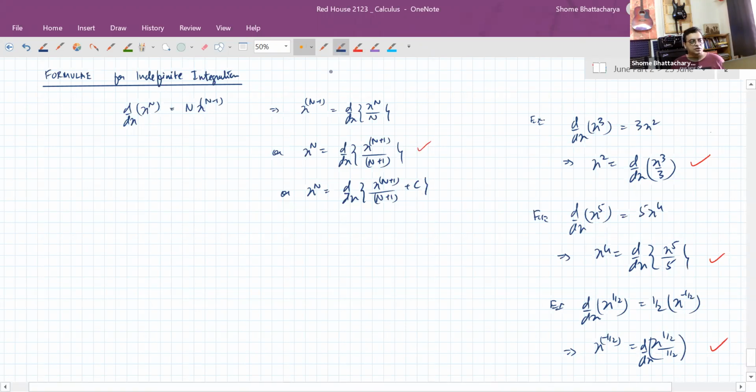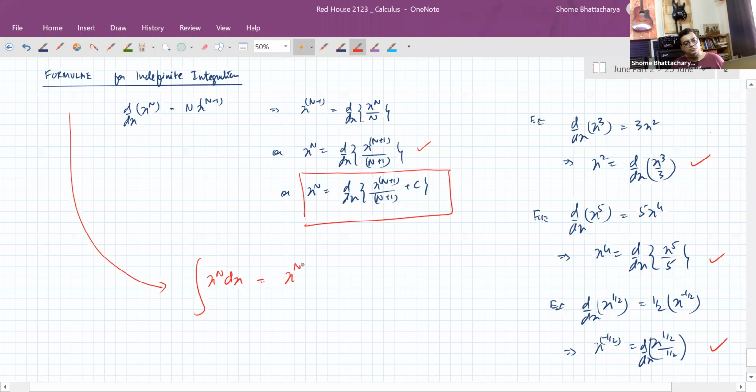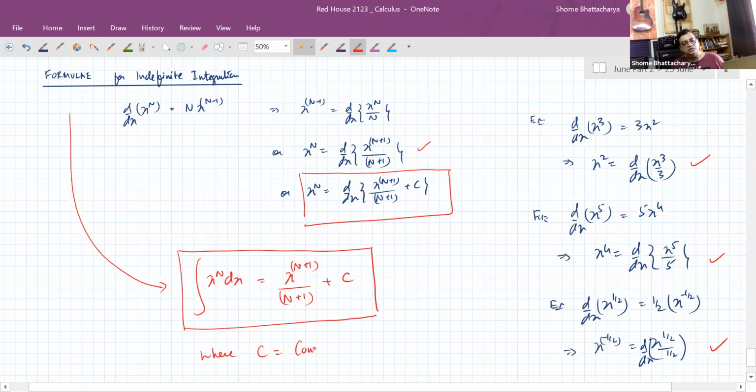So from this formula, we can develop the general formula of integration: integration of x to the power n is equal to x to the power n plus 1 upon n plus 1, plus c, where c is called the constant of integration and can be any real number.